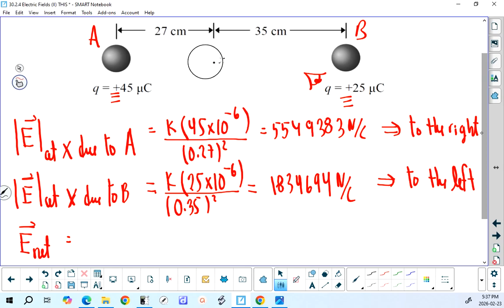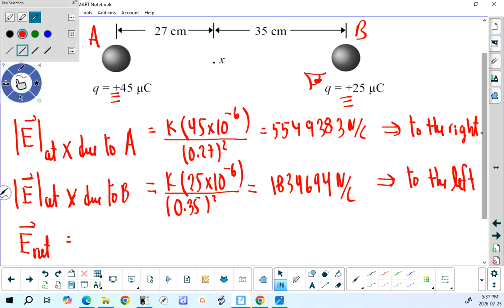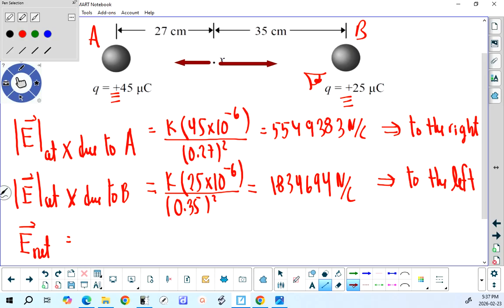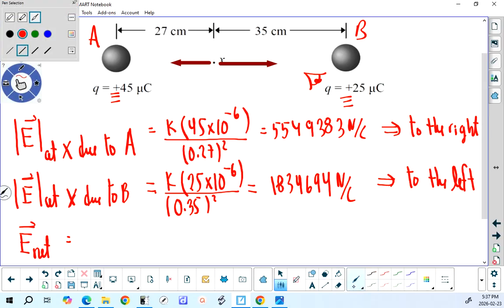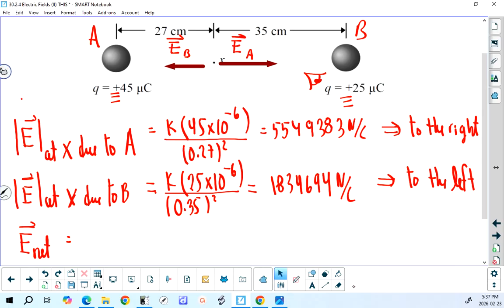I mean, if we had to draw vectors on this now, this is the electric field at X due to A, and this is the electric field at X due to B. And those are the two vectors that we have to add together to get the net electric field.